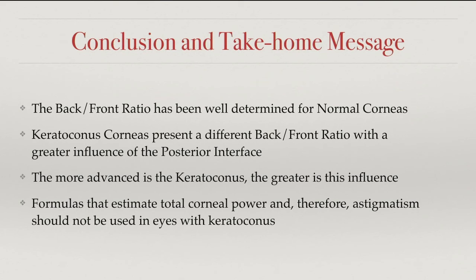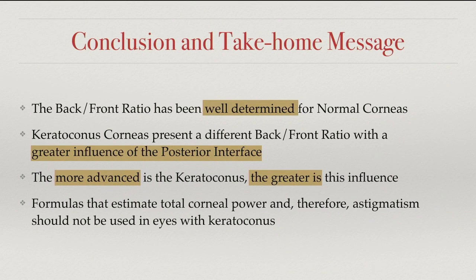In conclusion, the back-front ratio has been very well determined, but only for normal corneas. Keratoconus corneas present a different back-front ratio with a greater influence of the posterior surface. The more advanced the keratoconus, the greater this influence.